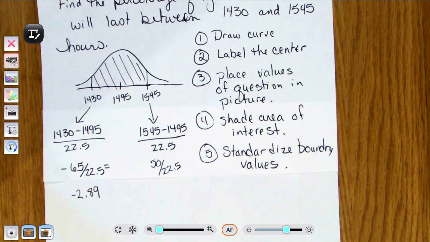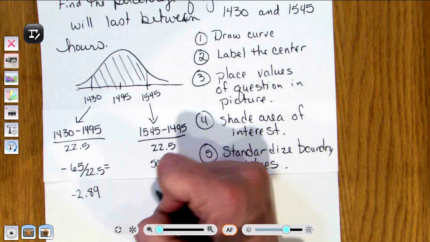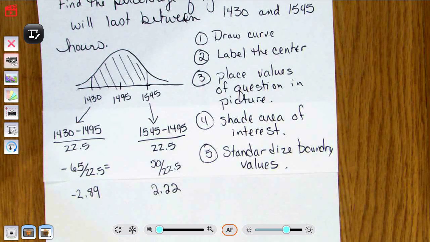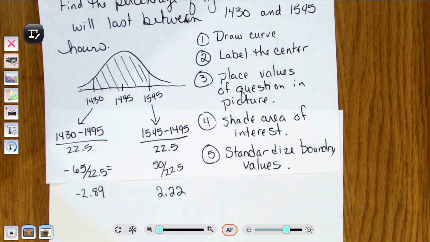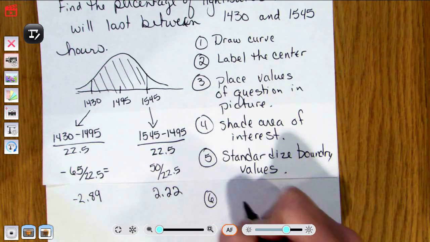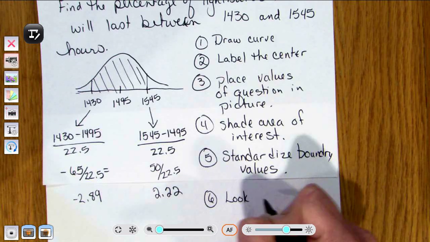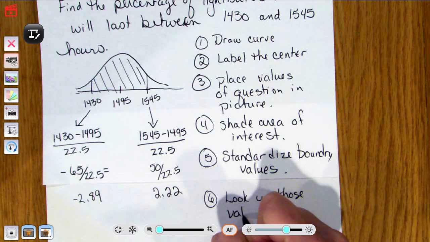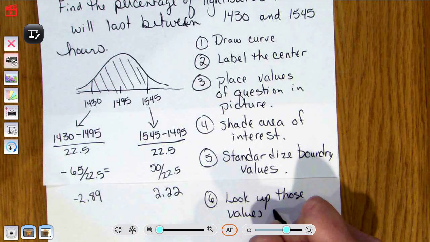Again, this one will be positive because we are bigger than the mean. And I get 2.22. And it goes on forever, but it's rounded to 2 decimals. It's 2.22. Our next step is to look up those values on the table.